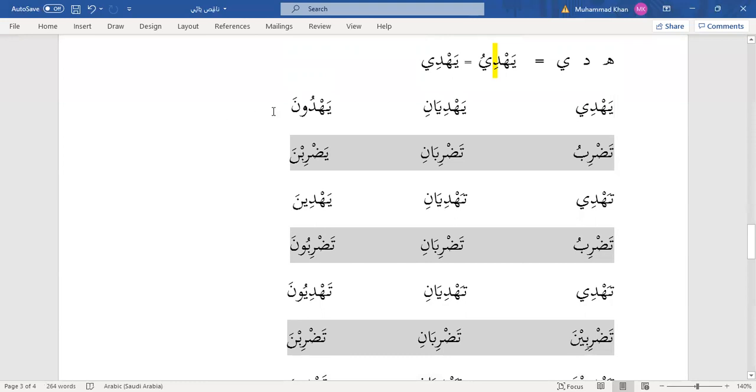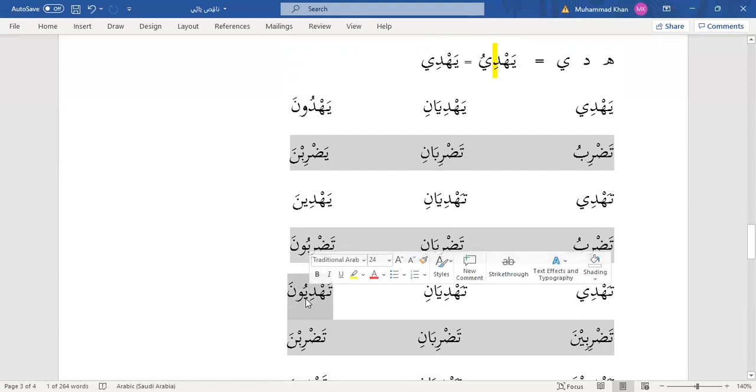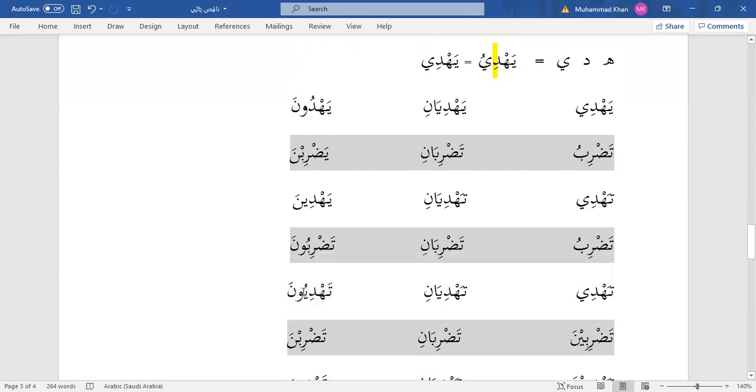Okay, now we should know that if we change this one, then we have to change this four as well. For the masculine, if we change, tahduna, so it will be yahduna. So if we change one, then this will be automatically changed as well. Whereas for the feminine, there is no change. Why?